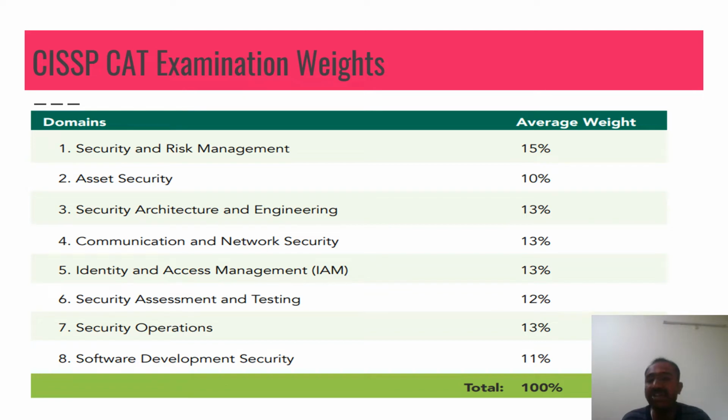Fourth domain, communications and network security, which is 13%. The fifth domain, identity and access management, which is again 13%. And the sixth domain, the security assessment and testing, is 12%. Security operations is 13%. And software development security is 11%. Overall, it is 100%. So these are the different percentages of weights that need to be considered while studying these topics.